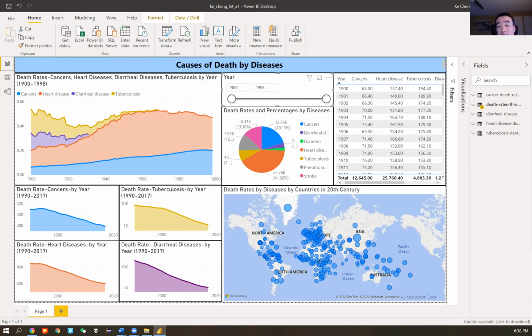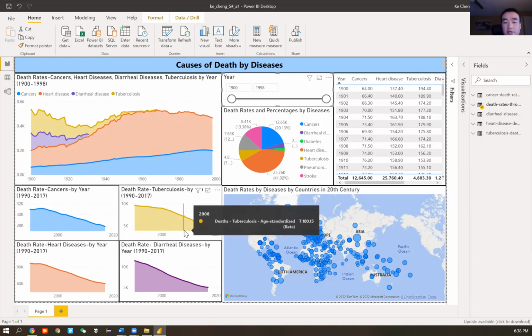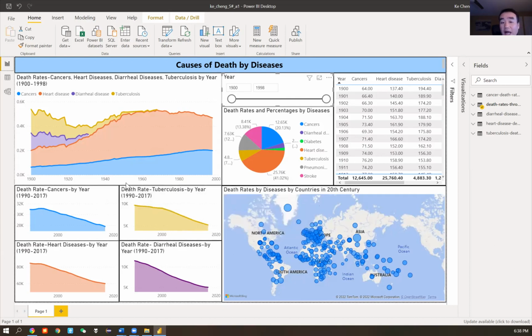The purpose of this report is just to provide some comparisons among the four major kinds of disease, including cancers, heart disease, tuberculosis, and their health disease.